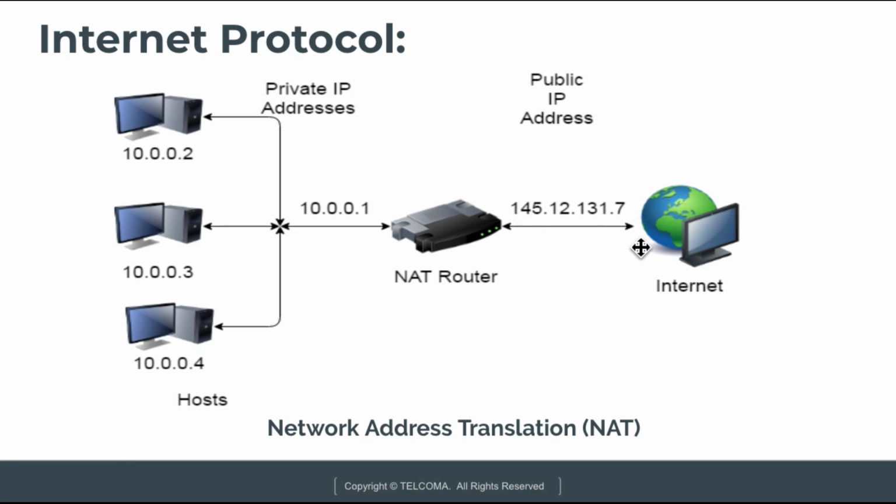By using this public IP address, it communicates with the outside network. The outside network only knows this network by its public IP address, and the private IP address is not used to communicate with any external network. In this way, the private IP addresses remain confidential and only the public IP address is revealed to the internet or external network. So in this way the NAT process works.